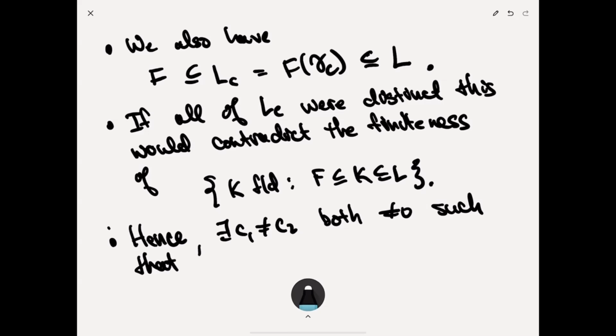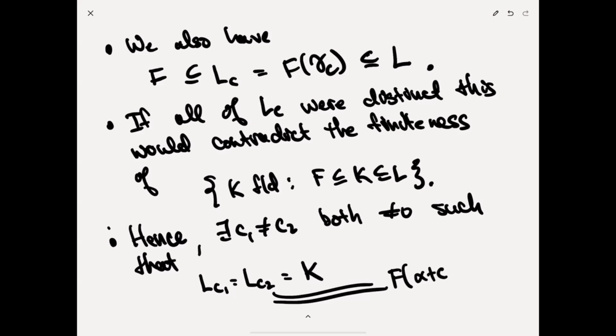Let's just call it K: L of C1 is equal to L of C2, which is equal to K. I'm just calling it K for fun. So by definition this is F adjoin alpha plus C2 beta, and this is F adjoin alpha plus C1 beta.